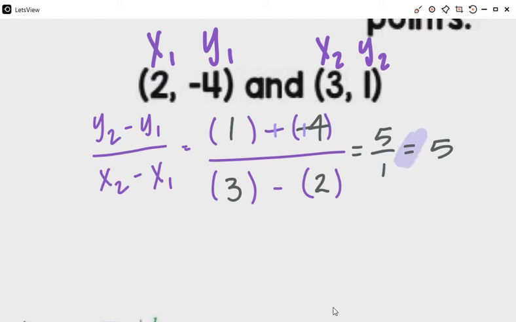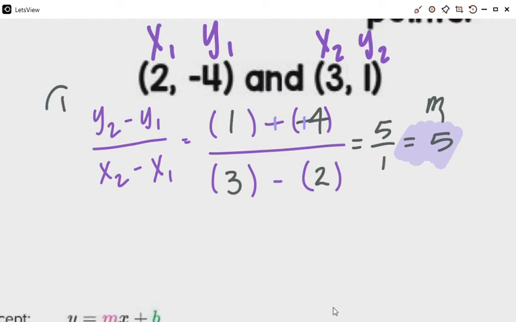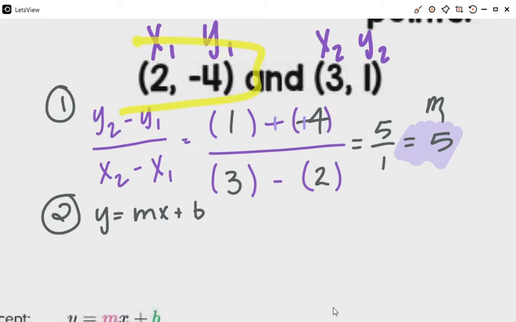So remember this right here, that is our slope, m. Ooh, that was an ugly looking m, but whatever. So that's our slope. That was step one. Step two, we're going to plug into y equals mx plus b form. And like I said, just use this first point, make it easy. You're going to plug in -4 for y.